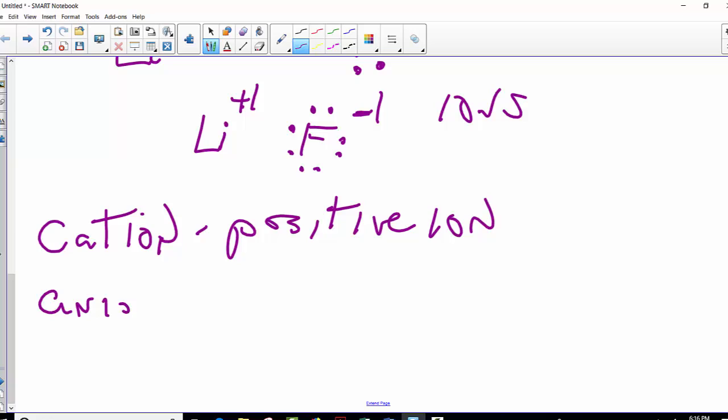Anion, A-N-I-O-N, these are all one word. That's a negative ion. And that is pronounced an-ion because it comes from the anode of an electrochemical cell.